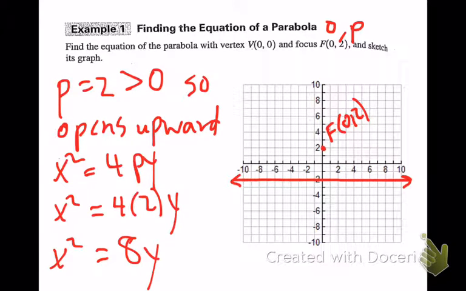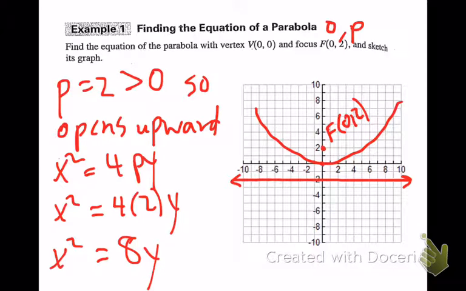And then we graph the parabola. It opens upward. The vertex is 0, 0. Looks like that. So that's the equation of the parabola and its graph.